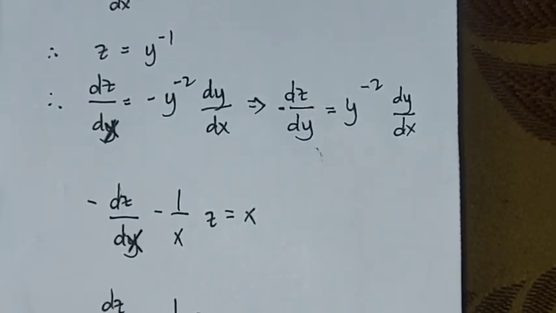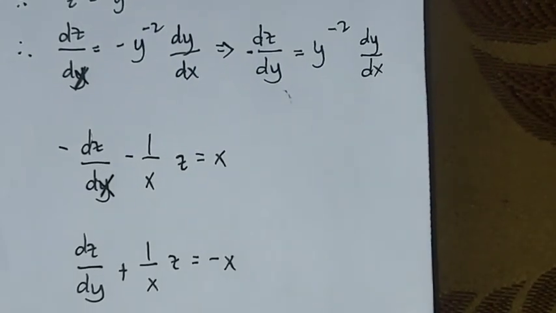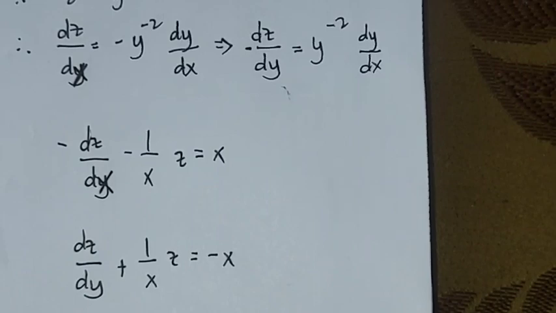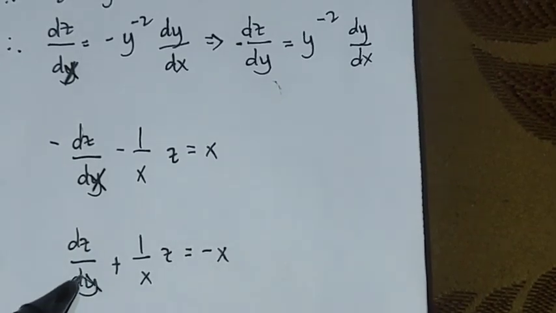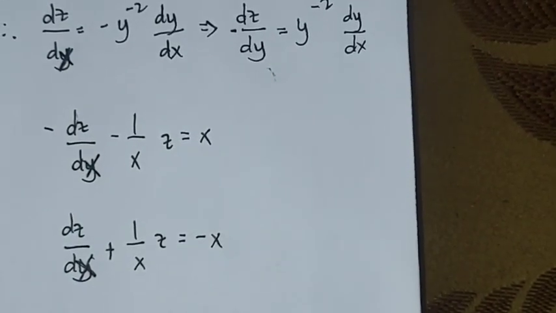Kasi, ano ba yung standard form na integrating factor? Ang standard form na integrating factor is dy over dx plus p of x y is equal to Q of x. So, positive siya. Rearranging further, tanggalin natin yung negative. Magiging siyang dz over dx plus 1 over x times z is equal to negative x.